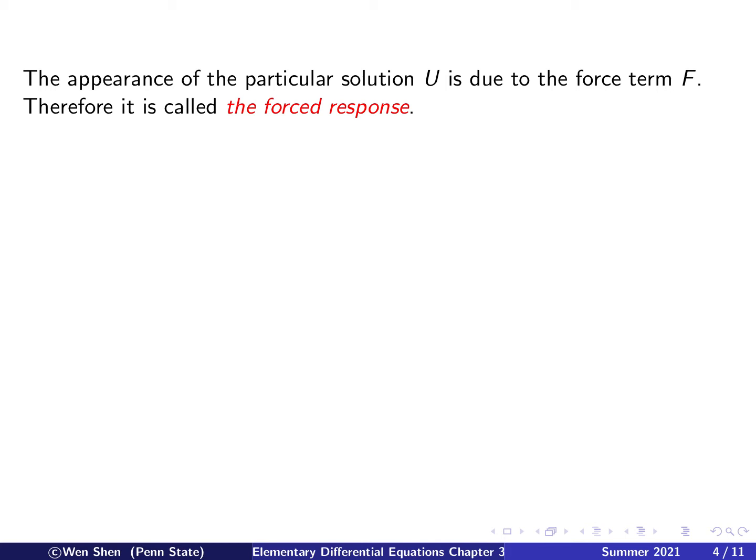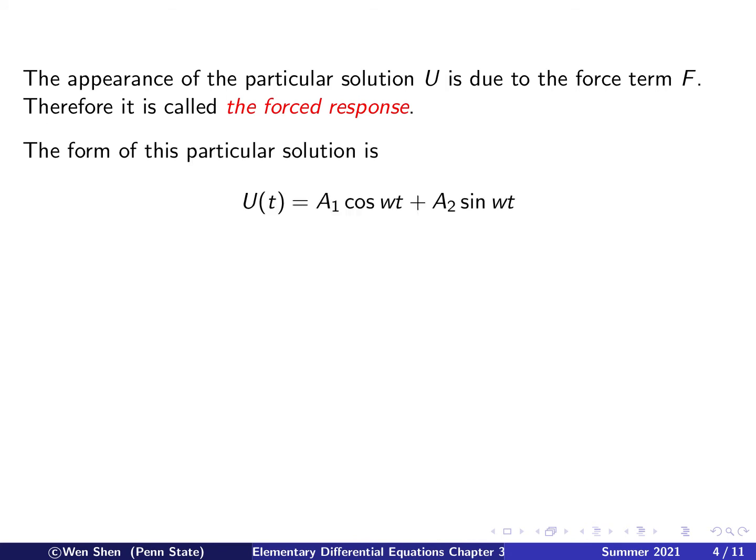Now, the appearance of the particular solution, capital U here, is due to the fact that we add a non-zero force term, F. Therefore, this term is also called the forced response. It's the response to the force term you apply to the spring system.